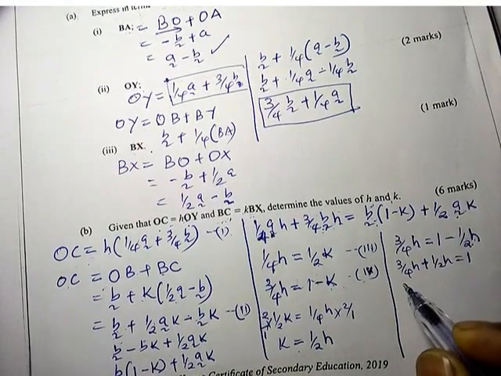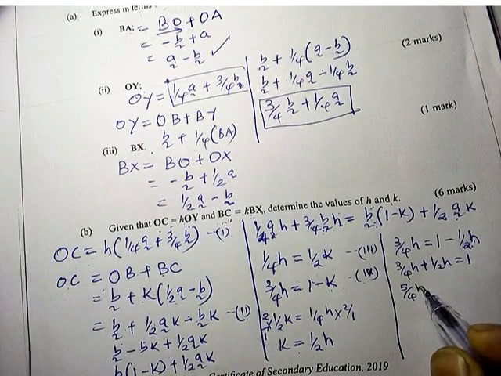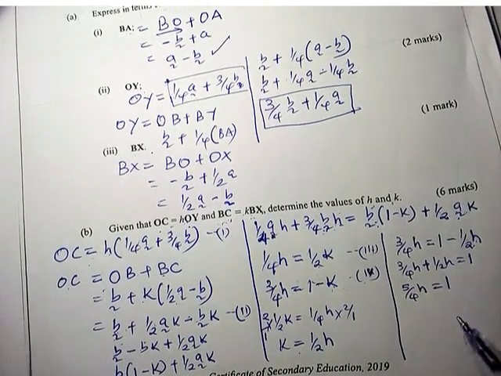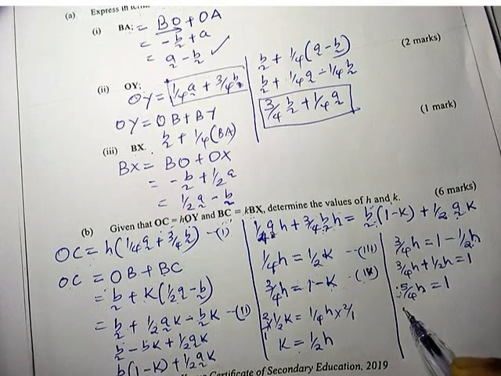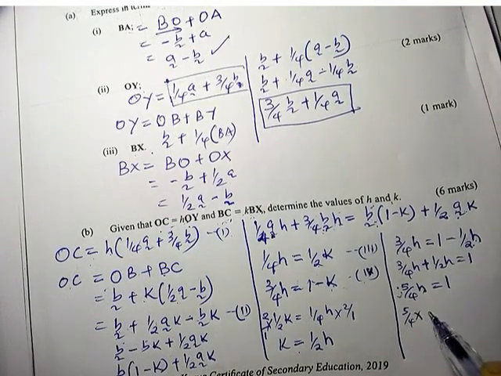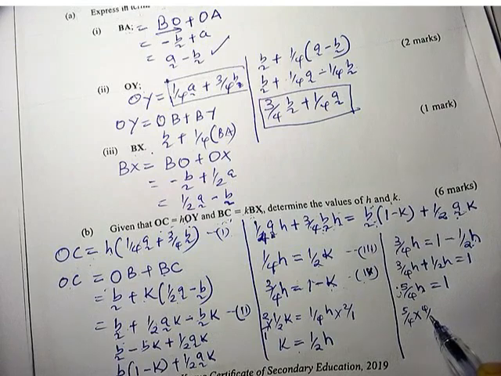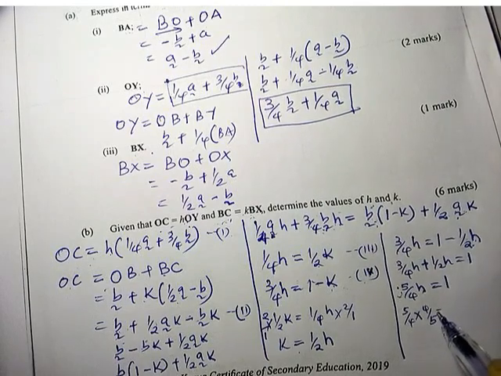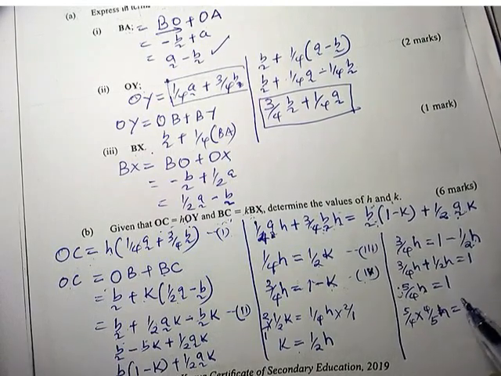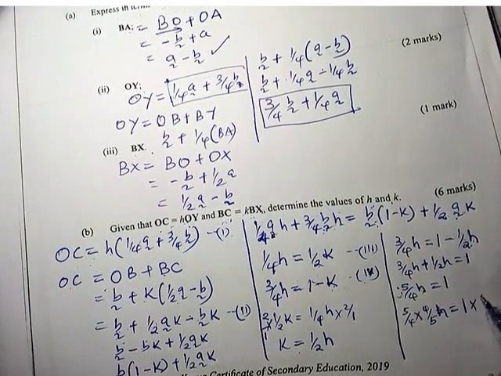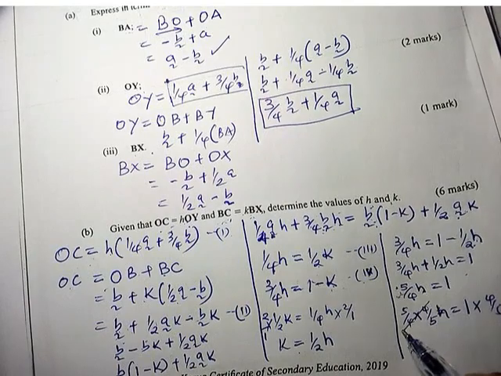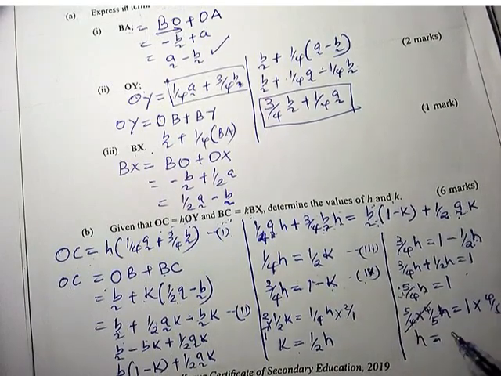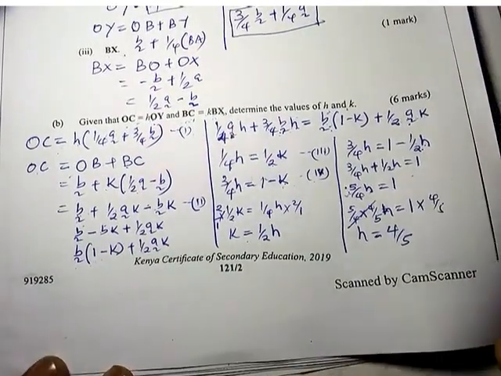Now we will have 5 over 4 H is equal to 1. We want the H, we multiply by the reciprocal of this. So 5 over 4 times 4 over 5. H will remain, H equal to 1 times 4 over 5. Reciprocal to multiply both sides, so that this one goes. So H is equal to 4 over 5.